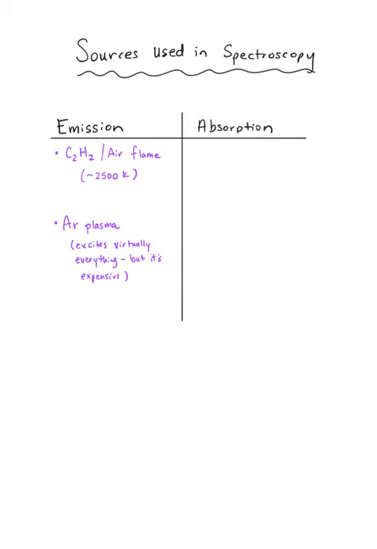Absorption experiments don't rely on having to impart energy, but rather to shine light on a sample of interest. For atomic analytes, single atoms, we might use a hollow cathode tube.